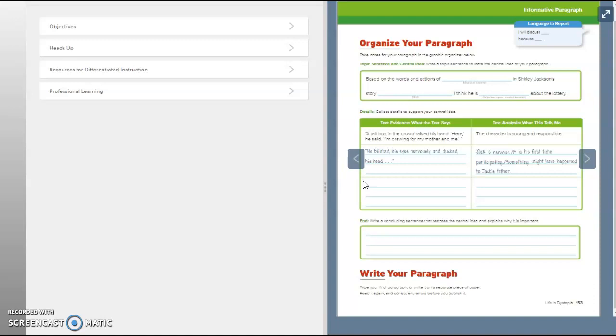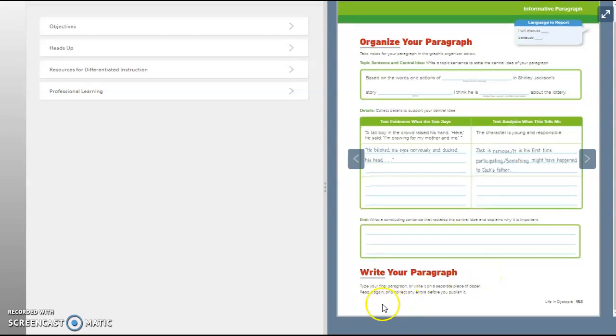So the character is young, and what this tells me is the text evidence, and then what it tells you about him. This will be in your words. Then write a concluding sentence that restates the central idea and explains why it is important.